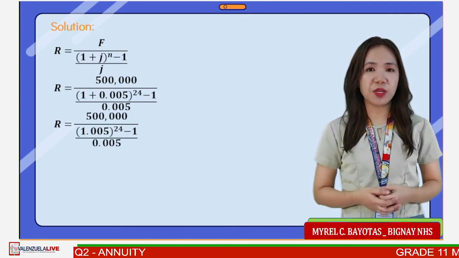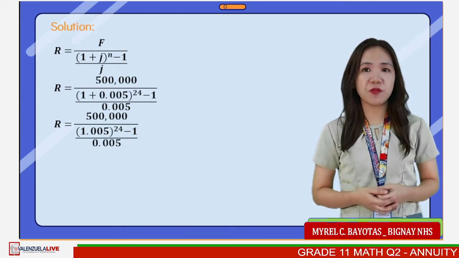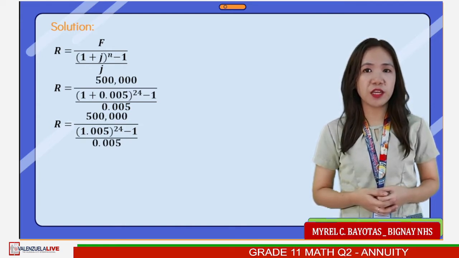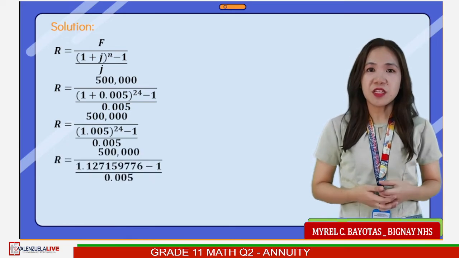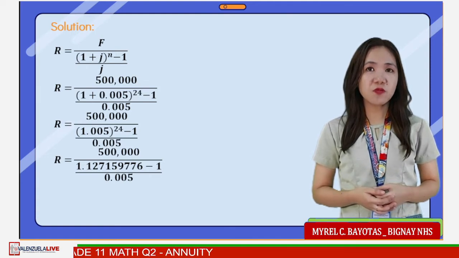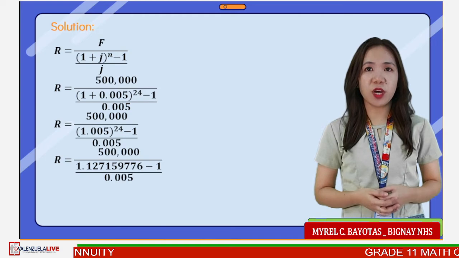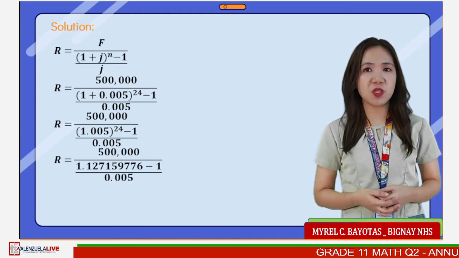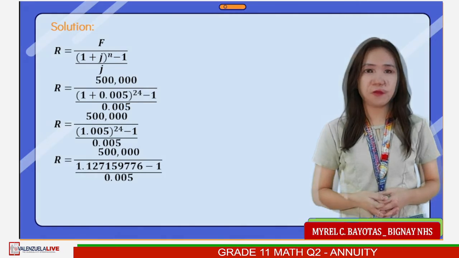R equals 500,000 over the quantity of 1.005 raised to 24 minus 1, all over 0.005. Then, simplify the term with exponent. R equals 500,000 over 1.127159776 minus 1, all over 0.005.